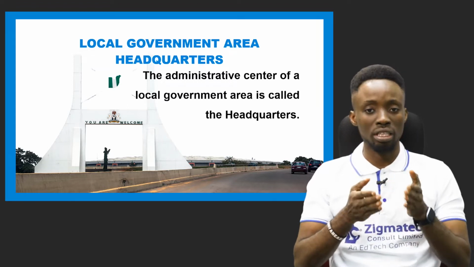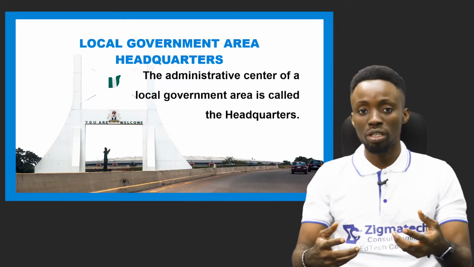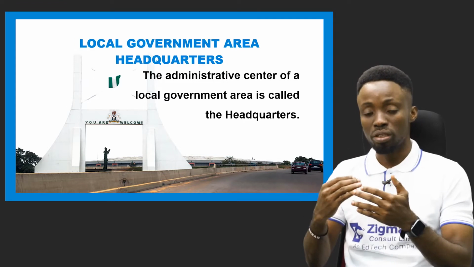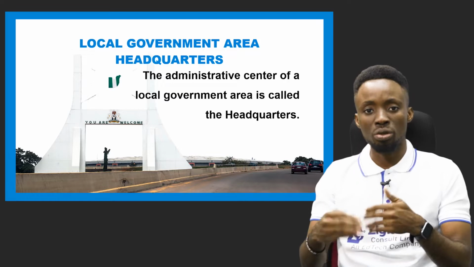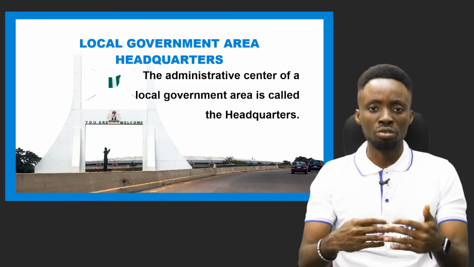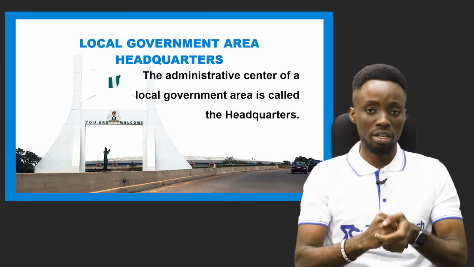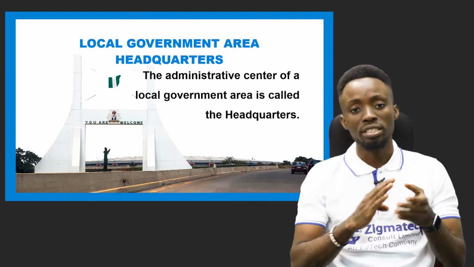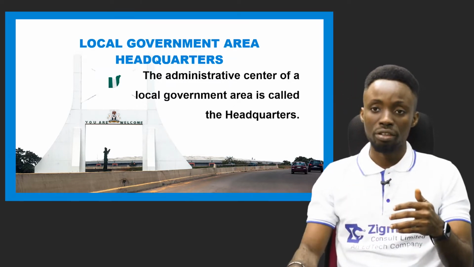And it's in the local government area headquarter that we carry out the administrative functions. That's where you see the ministries in the local government. That's where you see different political functions being carried out in the local government area headquarter. And we have it in all the 774 local government areas in Nigeria.